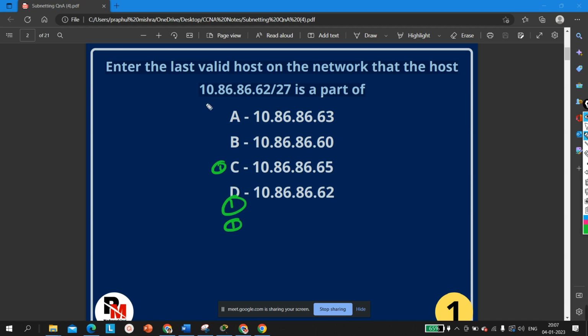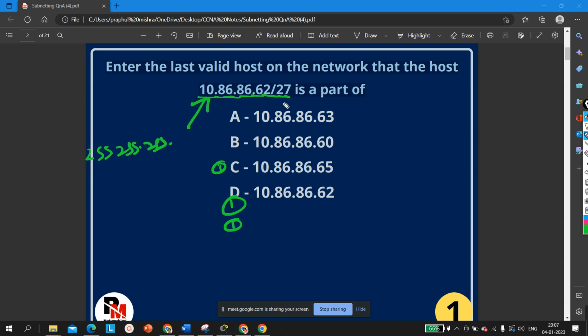Okay, Suraj, tell me the network ID. What will be the network ID of this IP address? Okay, tell me what will be the subnet mask. 255.255.255. This one is 24 bits. First 24 bits.